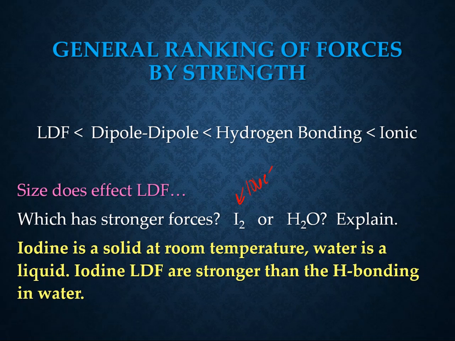Now that's the predominant one in the water. The water also has London dispersion and dipole-dipole interactions. However, because it's so small, those London dispersion forces are going to affect the comparison of strength here. So the LDF are stronger, and we know this because it's a solid. It's holding those particles in those fixed positions.